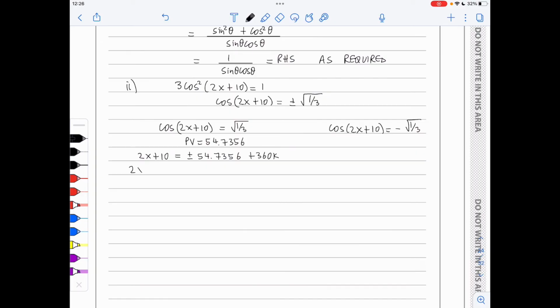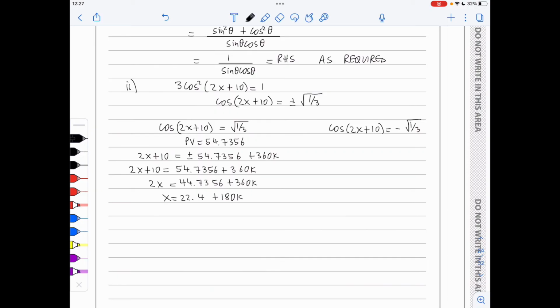So we've got 2x plus 10 is 54.7356 plus 360k, which means that 2x is 44.7356 plus 360k, and I'll divide everything by 2 to get x is 22.4 plus 180k.